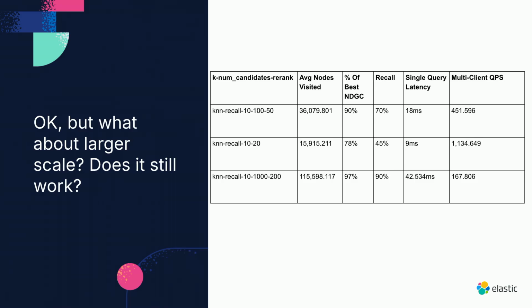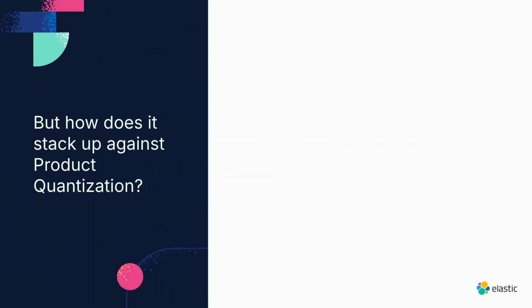Even with no rescore, we still get reasonably decent NDCG for bit vectors, although the recall does take a hit. But when you add a decent amount of rescore, the NDCG is pretty high as well as the recall. So performance-wise, it's a huge space savings for not that much of a recall loss.